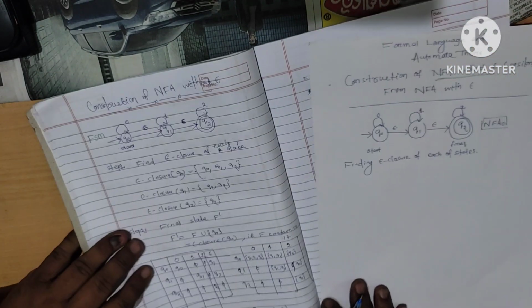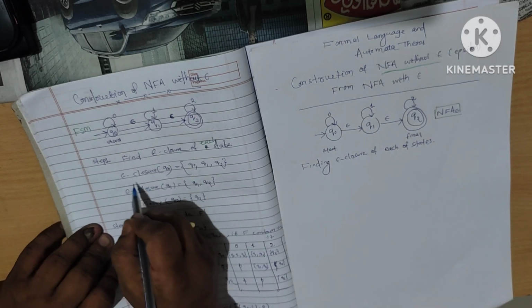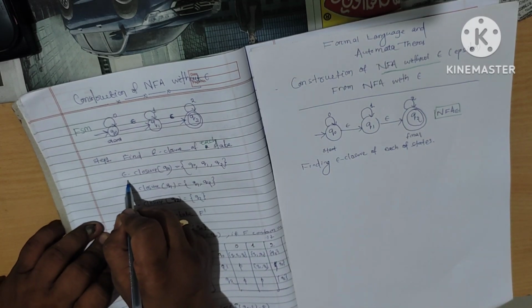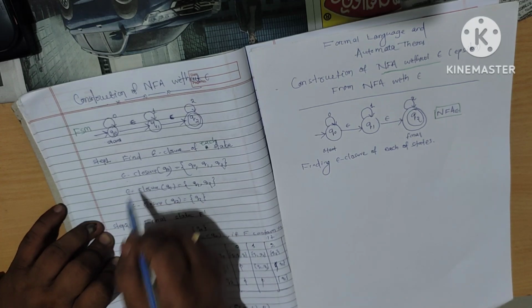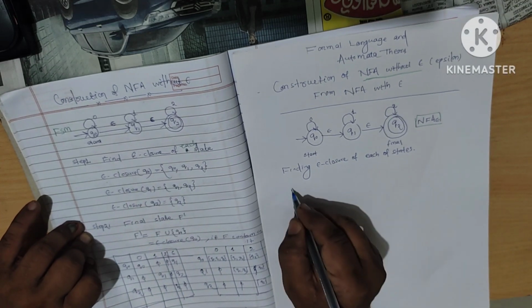So now here you can see that we have to find the epsilon closure of Q0. What do we mean by epsilon closure of Q0?